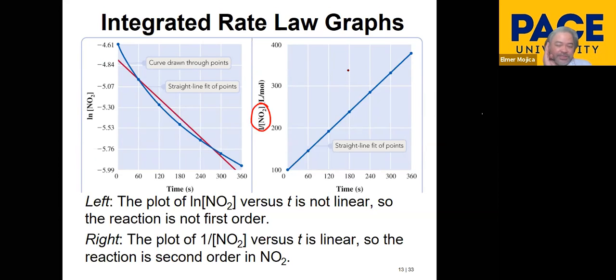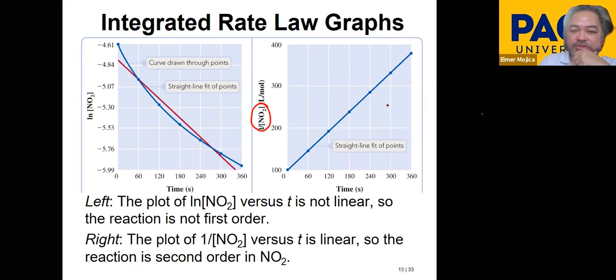So these are the same set of data. When you plot the set of data in first order, wherein you use the ln of the concentration, this is how it looks like. The R squared is not really linear. But if you put it in the second order, it's almost linear.